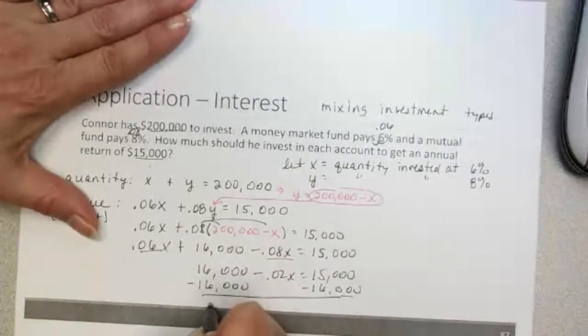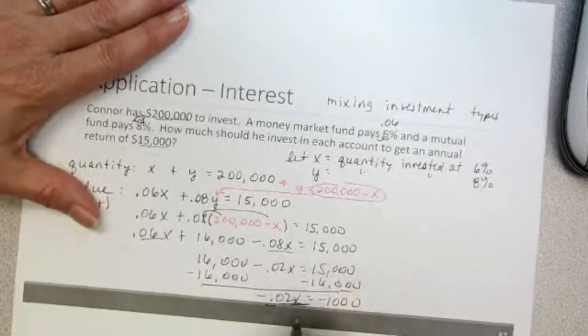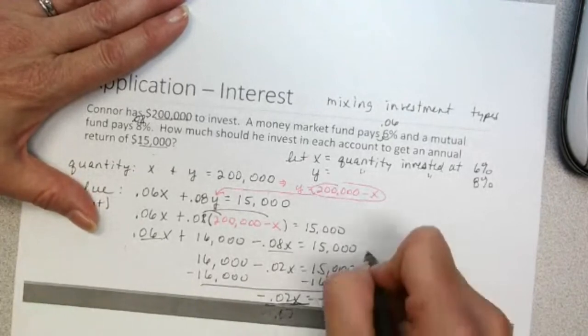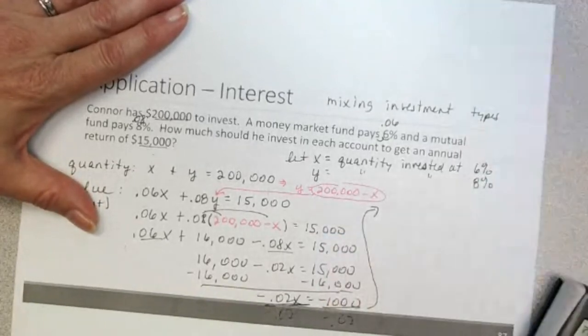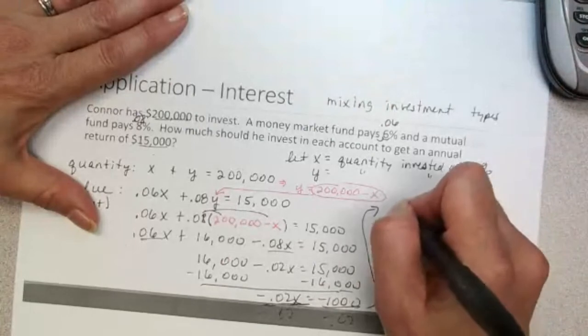Out of room, aren't I? Negative 0.02x equals negative 1,000. Then we divide both sides by that negative 0.02. And we see that x is equal to 50,000.